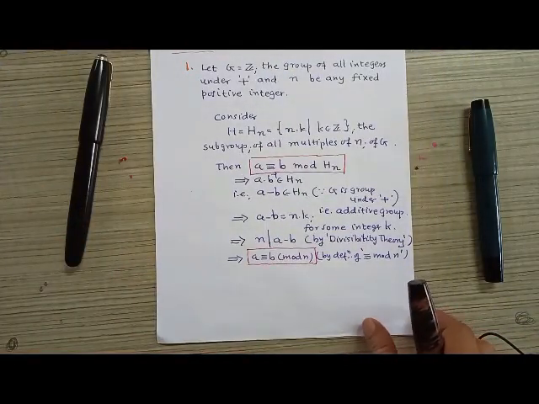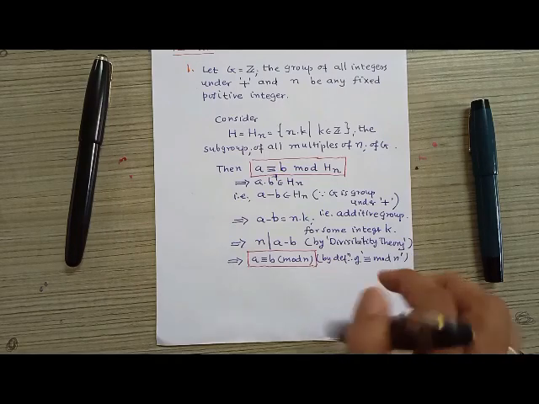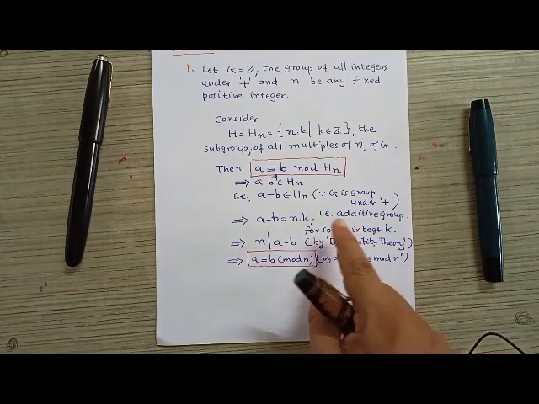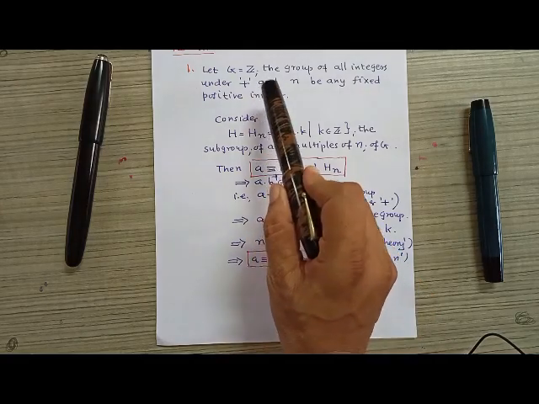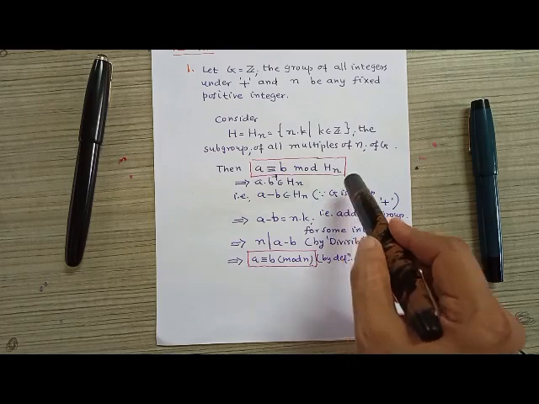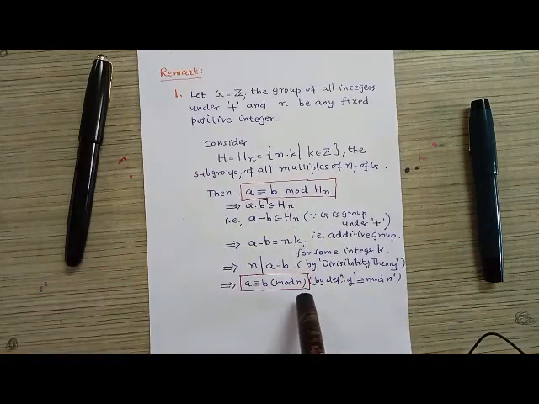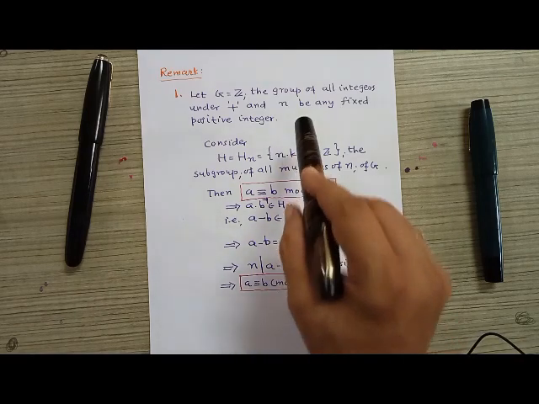Now remarks. In the first remark we shall understand that the congruence relation in a group and the congruence relation in integers are equivalent in a special case.